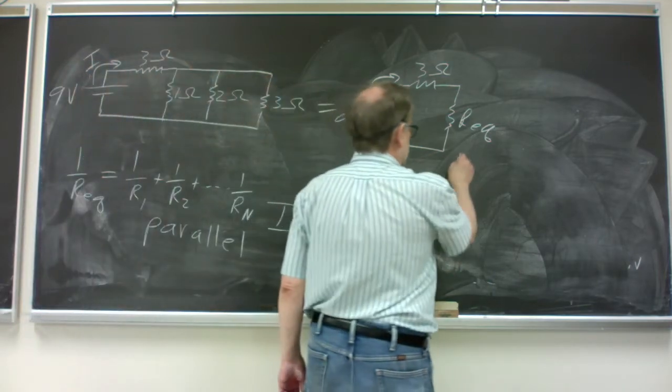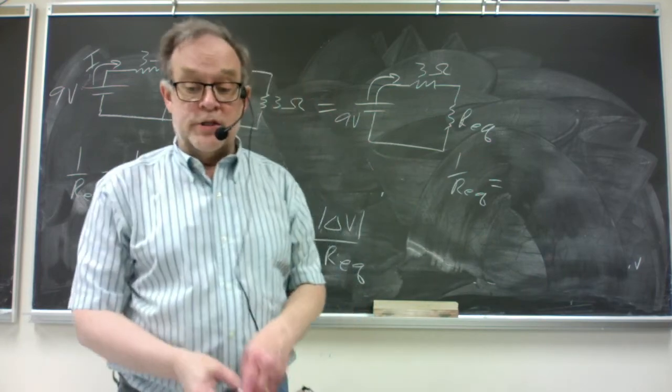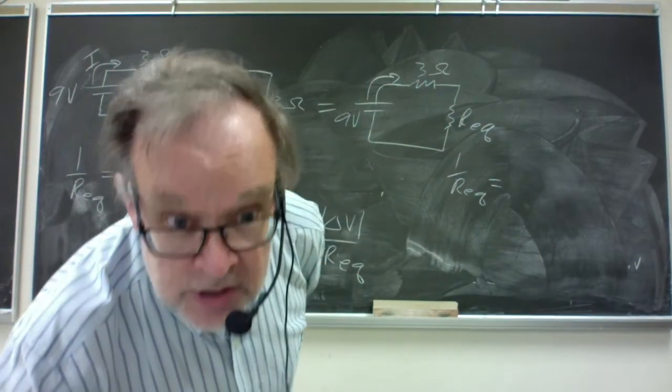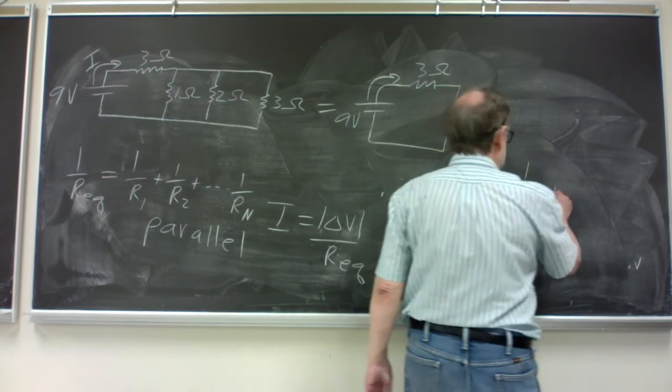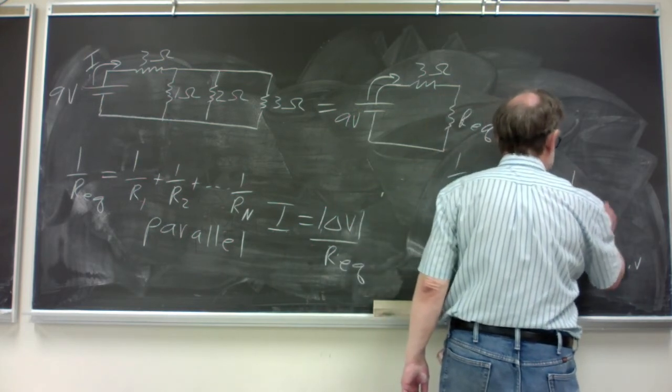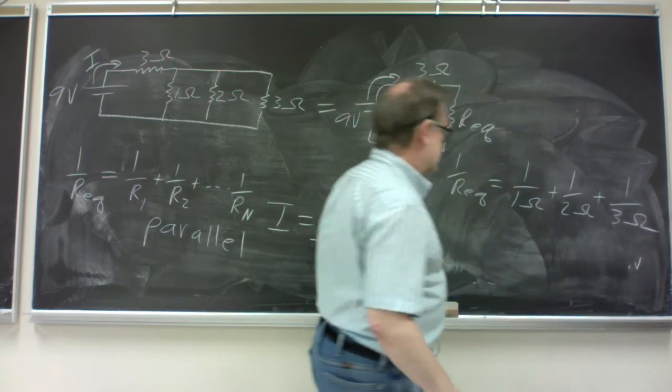And what is that equivalent resistance? 1 over that equivalent resistance is the sum of the inverses. 1 over 1 ohm plus 1 over 2 ohms plus 1 over 3 ohms.